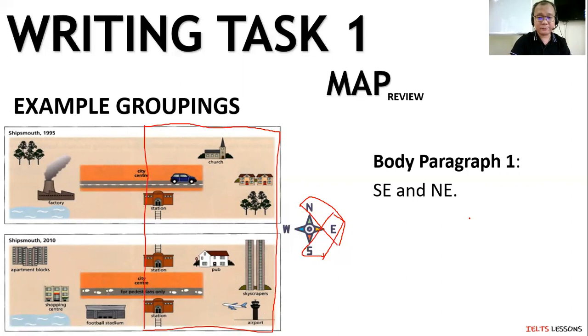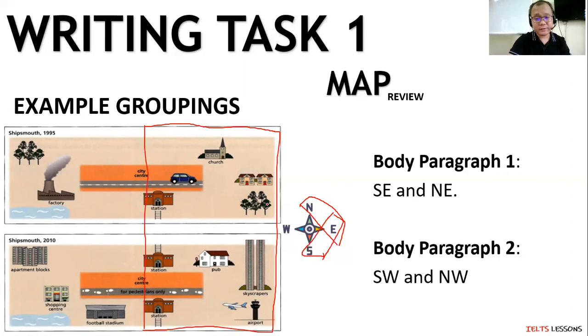How about body paragraph 2? We have here southwest, circle. Body paragraph 2, southwest and northwest. So this is our body paragraph 2, this area here. Compare and contrast, what changes have happened.